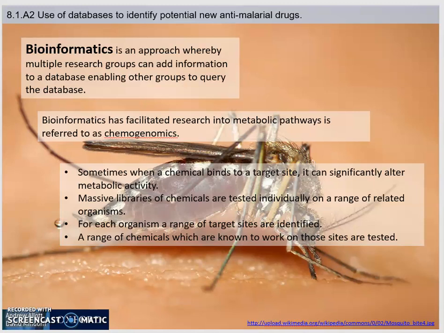Now the example that the syllabus asks you to look at is anti-malarial drugs. So malaria is the disease, and the malaria disease is caused by a protozoa species called Plasmodium. Now the Plasmodium can host itself in the female mosquito's salivary gland.